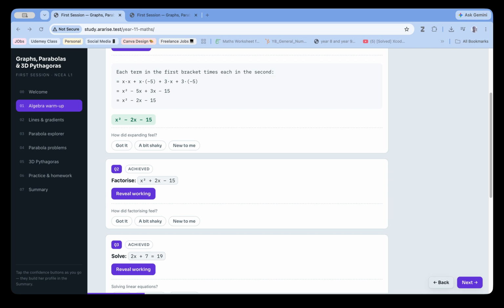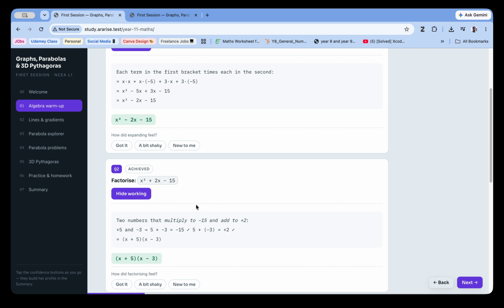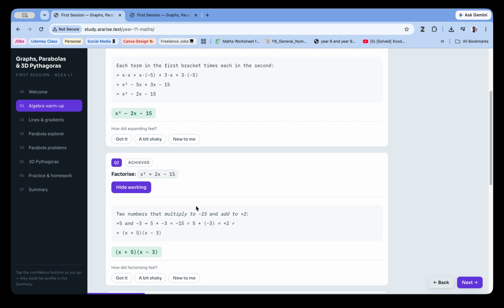It's positive 5 and negative 3. Let's check. 5 times negative 3 is negative 15, and 5 plus negative 3 is positive 2. Both work. So it factorizes to x plus 5 times x minus 3.